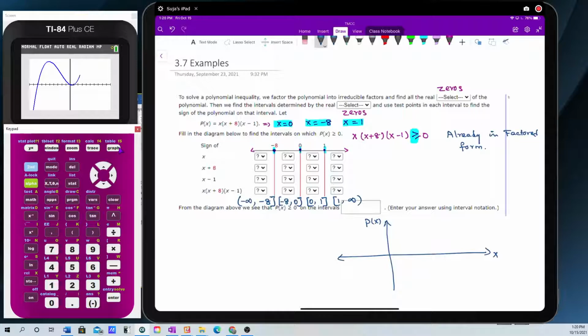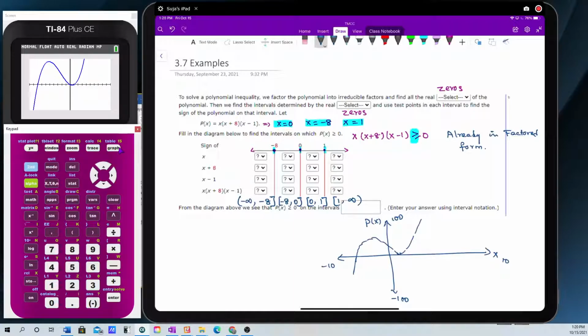Okay, that's better. So what I'm seeing, the scale of my x is from -10 to 10, and y is from -100 to 100. So I'm seeing the graph is coming like that.